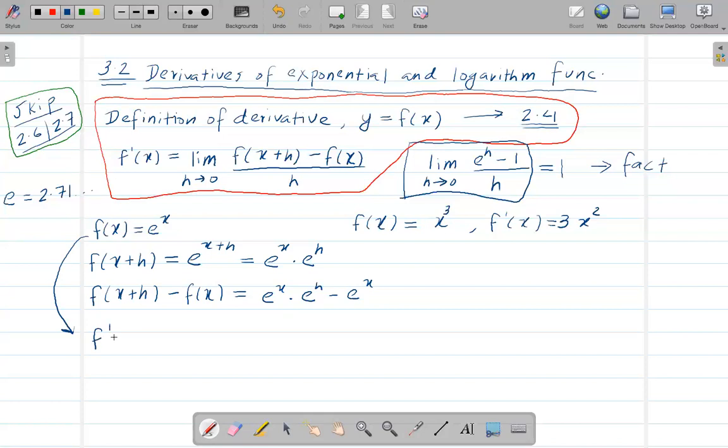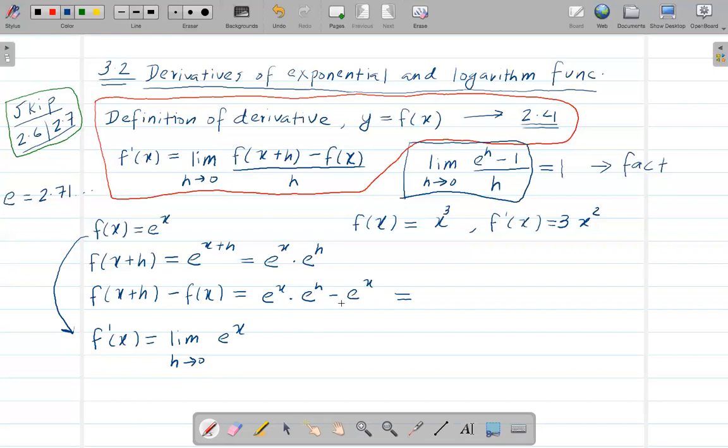f of x is equal to the limit as h goes to 0, right? And f of x plus h minus f of x is right here. Before we write that again, let's do one more thing. We have e to the power x times e to the power h minus e to the power x, right?